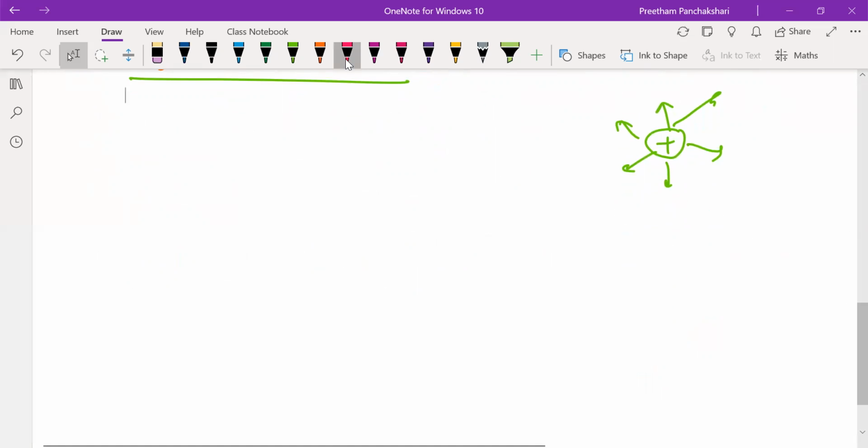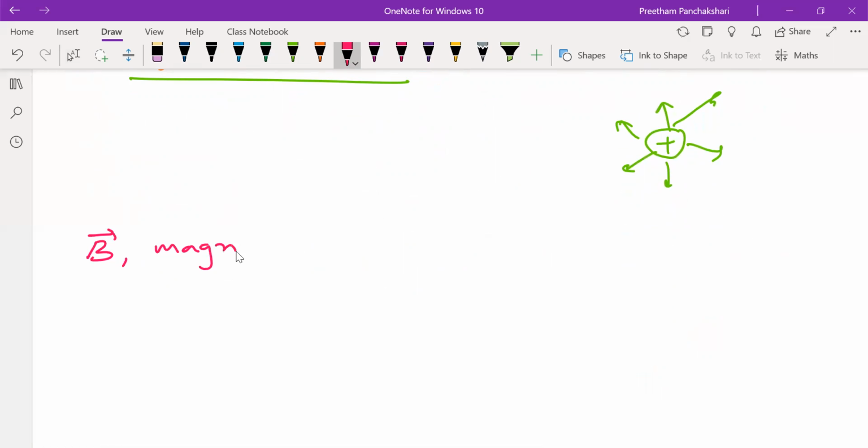Now, let us talk about the vector B, magnetic flux density, a very useful quantity to express the magnetic field.